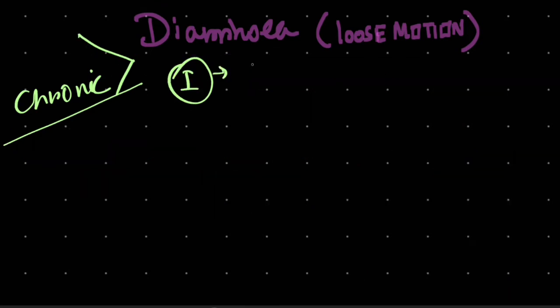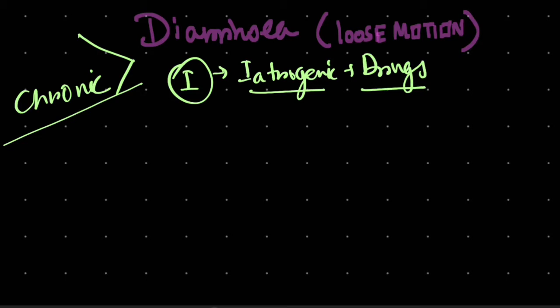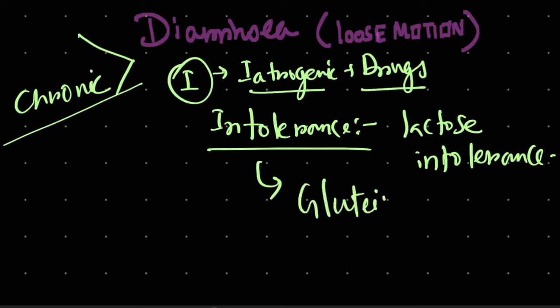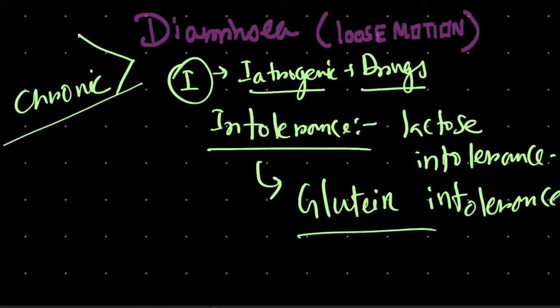The next I relates to iatrogenic causes, which are caused by the treatment itself, like use of drugs. The next cause is I for intolerance. Intolerance to what? Lactose intolerance. Even gluten intolerance or insensitivity can lead to chronic diarrhea.